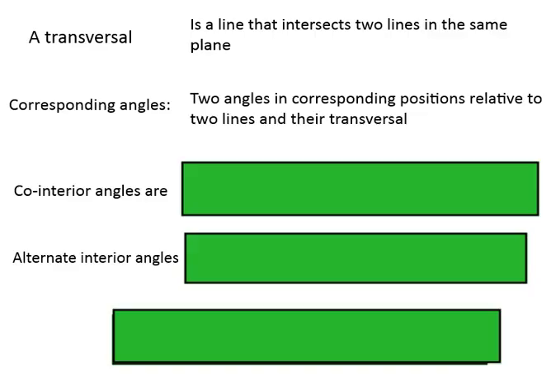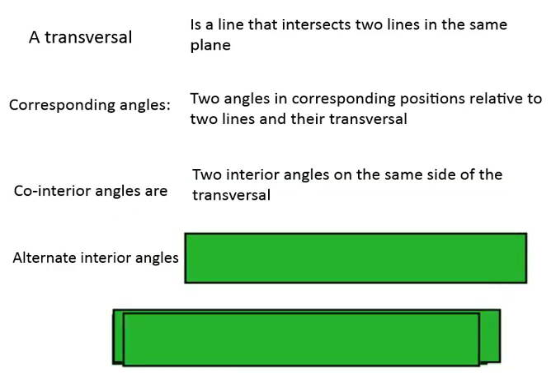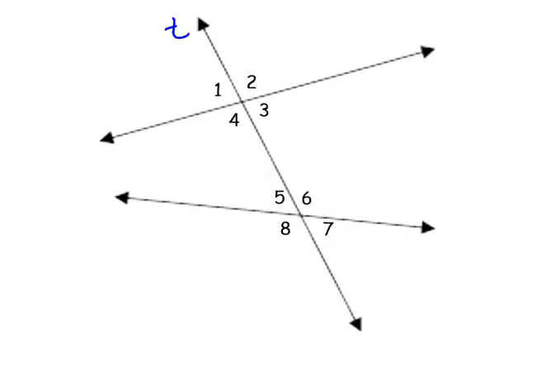The next type of angles that are on your sheet are co-interior angles. Co-interior angles are two interior angles on the same side of the transversal. Co means they're going to be together, so that this time they're on the same side of the transversal, but they both need to be on the interior. So the picture that goes with that would be 4 and 5 are co-interior, because here's your transversal.